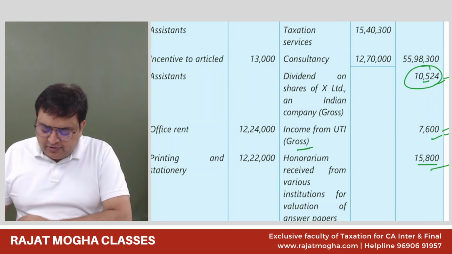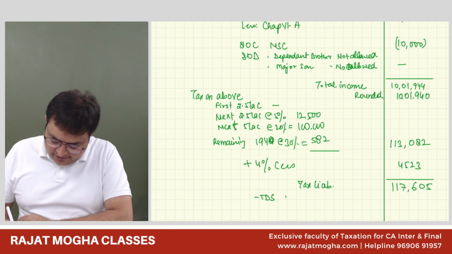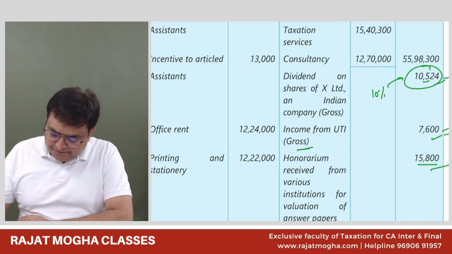What is the rate of TDS? 10%. So 10% of the gross amount, 10,524, we can take, no issues. We have already deducted the TDS on dividend.